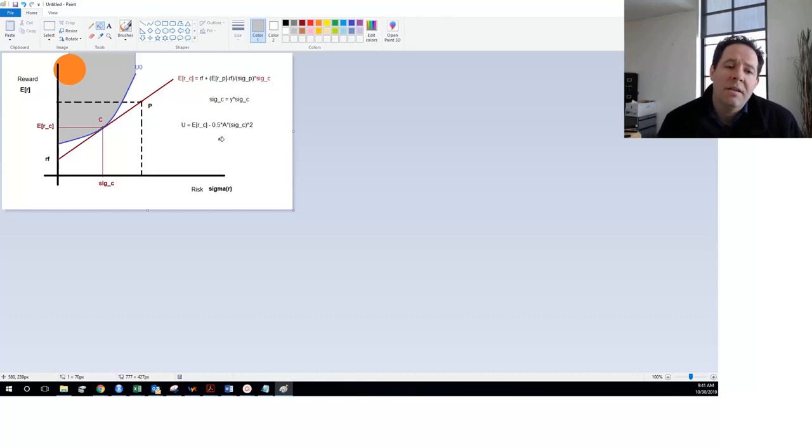Now, what do you notice about the intersection between that gray set of portfolios and the set of portfolios along the capital allocation line? Well, there's only one point in that intersection.